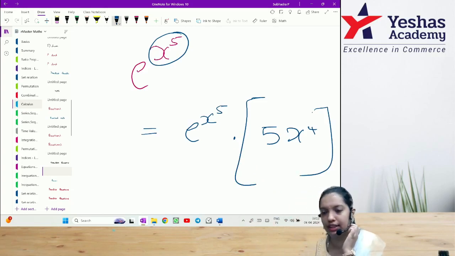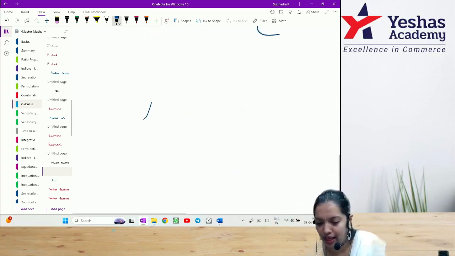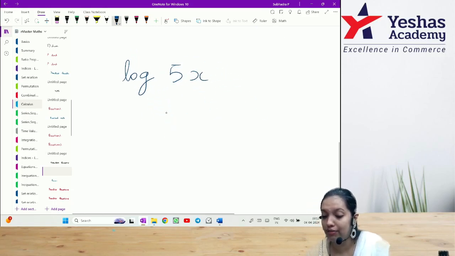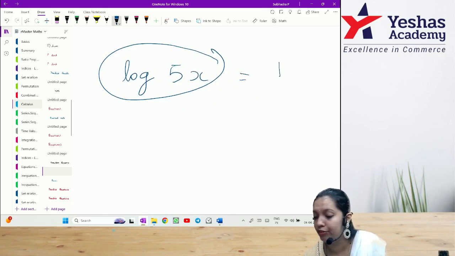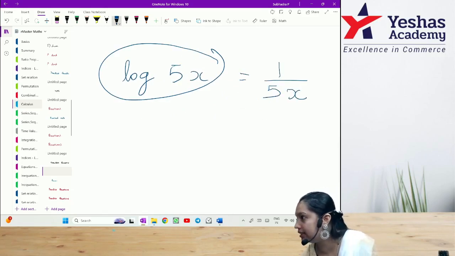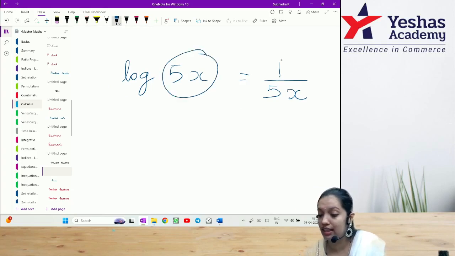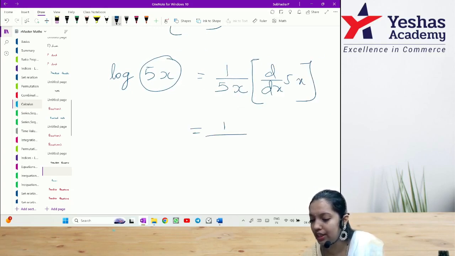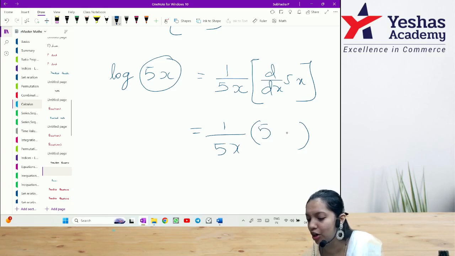I'm giving a different example. If I have log 5x, as in this question, what is the derivative of log x? I would have told you 1 by x. Now that there is 5x, it becomes 1 by 5x. Next, find the derivative of the next part, the derivative of 5x, which is 5 into the derivative of x, 5 into 1, so 5.